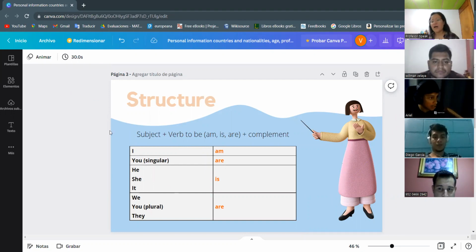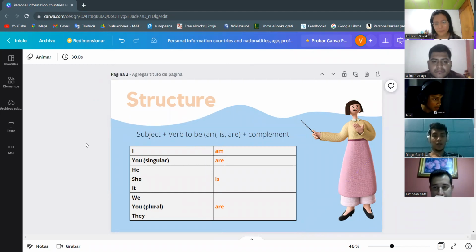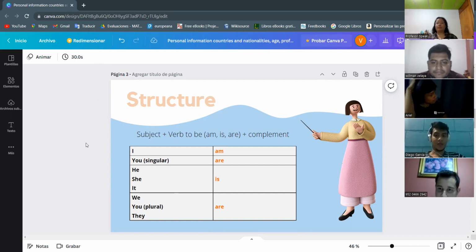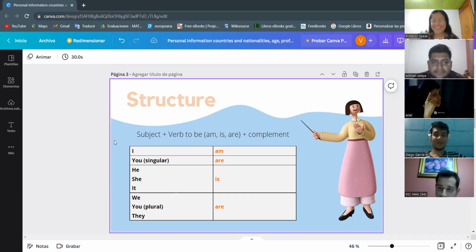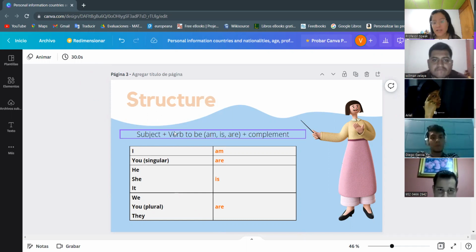Thank you. Diego, can you read the structure, please? Subject plus verb to be, is, are, plus complement. Good. Yes, so for example, one of you said that you are from Mexico.